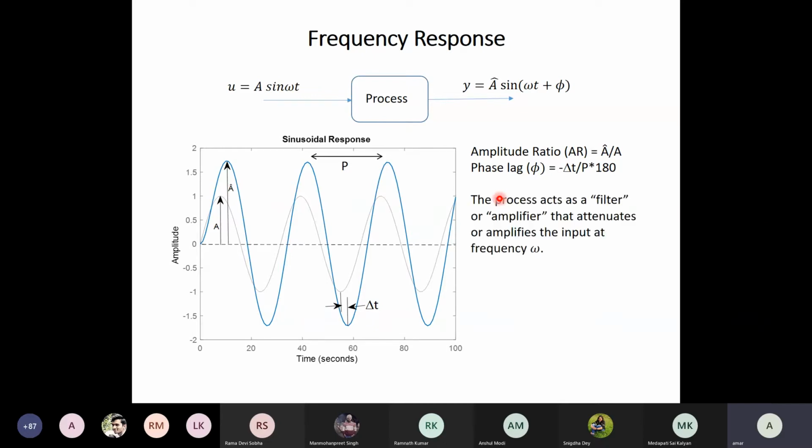And sometimes the process acts as a filter or an amplifier. So when you give a sine wave, that sine wave may be attenuated or amplified.